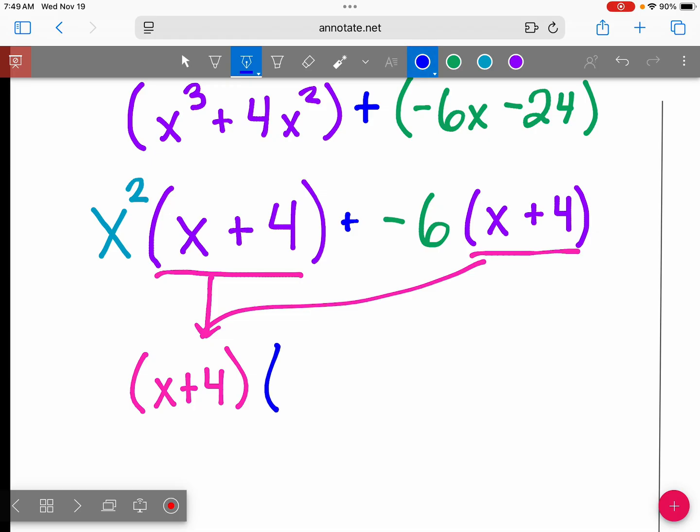Then I have all these leftover guys. So I pulled these guys out, and my leftover pieces are going to fall back together. So I'm going to have my x squared and a minus 6, and those guys are going to make their own factor. So we're going to have our x squared and our minus 6.